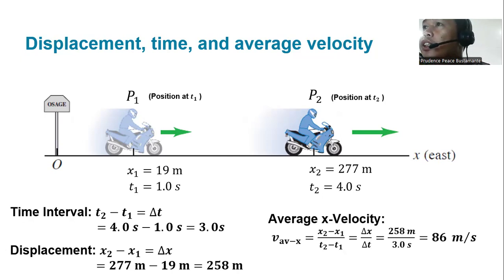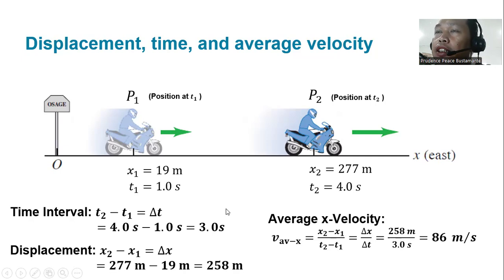For the average x velocity, we put x here as an indication that we're traveling along the x-axis. This is equal to the displacement over the time interval, which is 258 meters over 3.0 seconds. So the value of your average velocity is 86 meters per second.